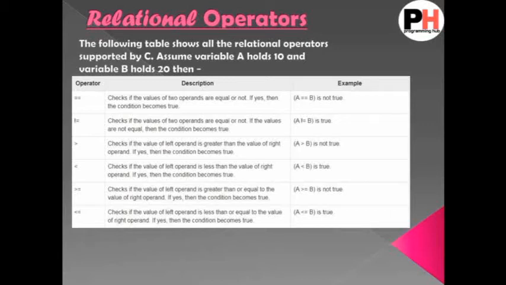Next one, check if the value of the left operand is less than the value of the right operand. Means 10 is less than 20, so the condition is true. And next, left operand is greater than or equal to the value, it is not true. And now last one, check if the value of the left operand is less than or equal to the value of the right operand.